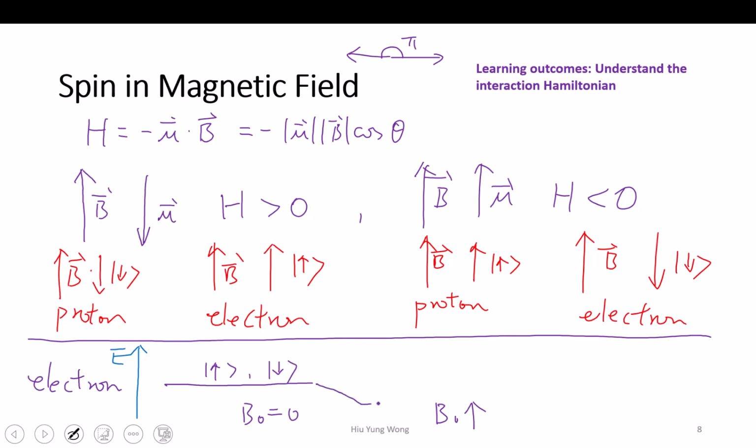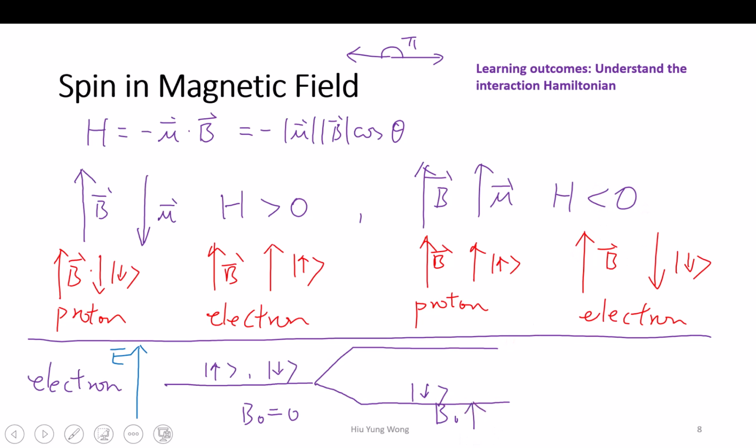Then you will see that there will be a splitting of the energy levels. For the spin pointing down, look at this. Spin is pointing down, it means the magnetic moment is pointing up, so the energy is smaller.